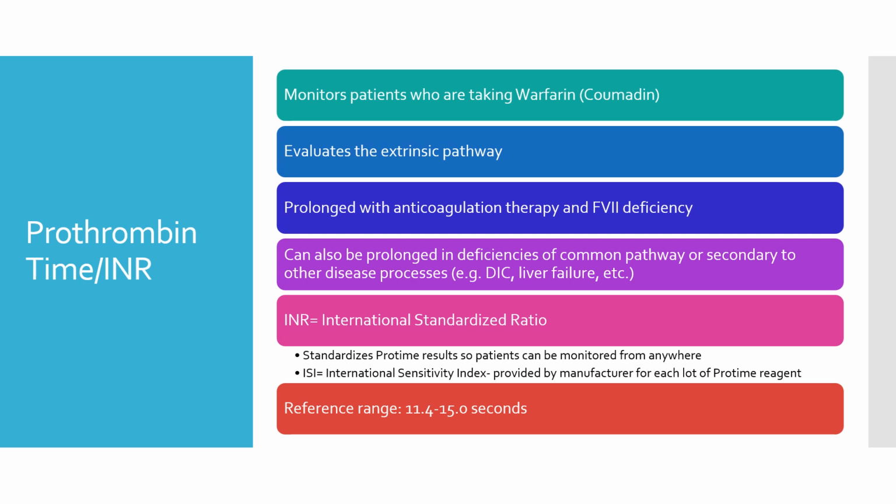So every time we get a new lot of ProTime reagent, we have to enter in that ISI so that our INR can be calculated. The normal reference range for ProTime is 11.4 to 15.0. And the INR reference range, well, a normal INR runs about 1.0, but there is a slight range above and below that.